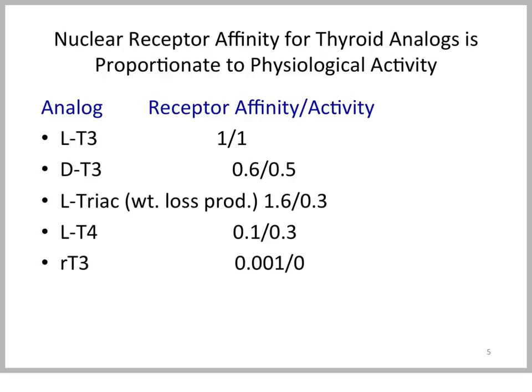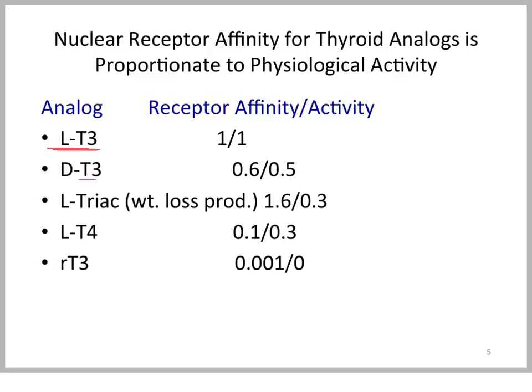So it's interesting to compare the nuclear receptor affinity, or binding tightness, for these analogs of thyroid hormone on the left with their biological or metabolic activity. And so you can see that the highest amount of activity, we're setting it to 1, is LT3, levo triiodothyronine.